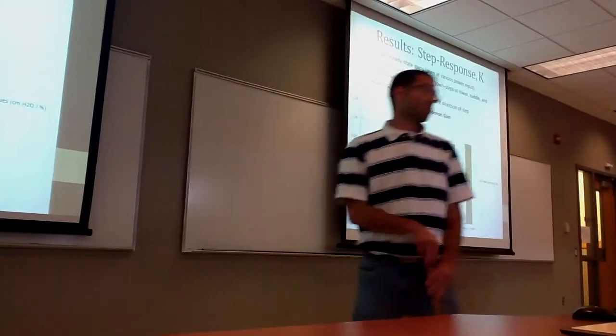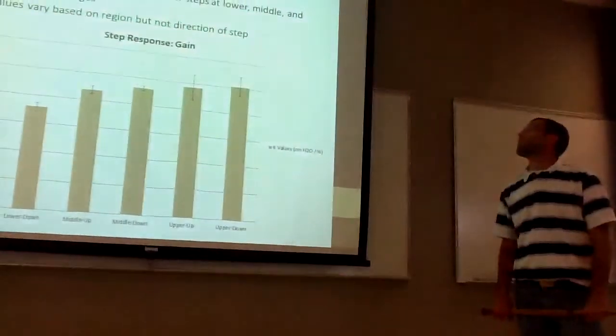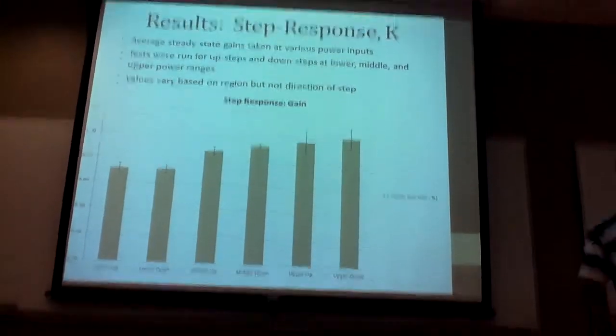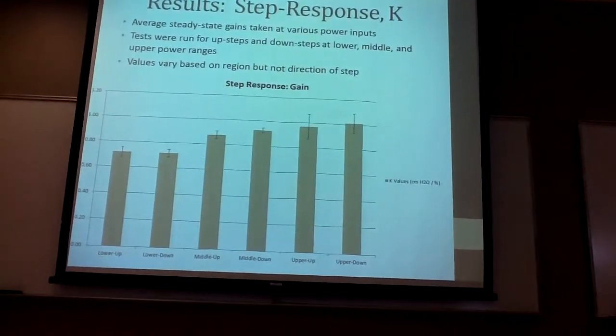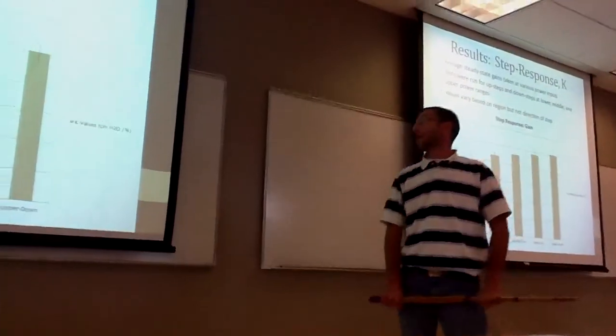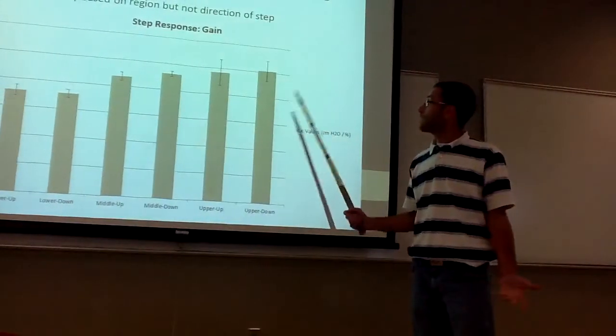These are our overall results for the step response portion. This is the results of our steady state gain, or K. Tests were run for up steps and down steps at the lower, middle, and upper power ranges. And these are our results for this particular item.